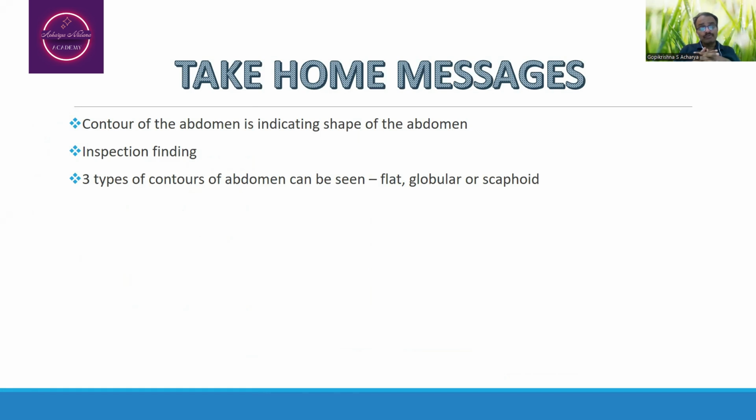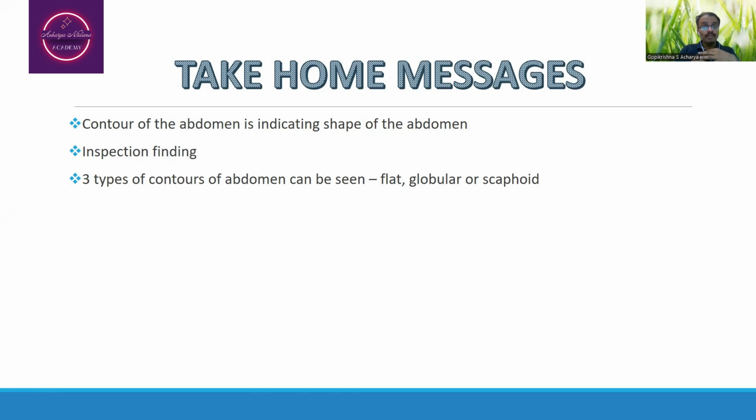The take home messages from today's discussion are: contour of the abdomen is nothing but the shape of the abdomen. It is one of the inspection findings of the per abdominal examination. Three types of contours are possible: flat, globular, or scaphoid. Flat is normally seen in young adolescents who have normal body weight.